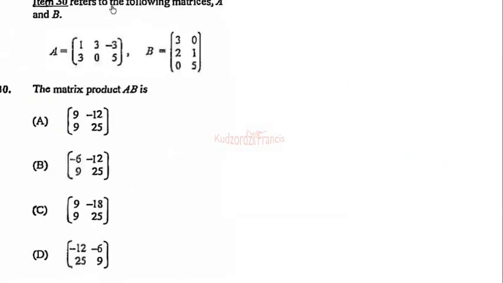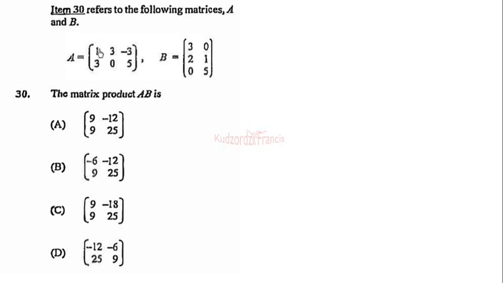Now let's proceed to item 30. So we have this. We are going to multiply the row by the column. So watch how we do that. Corresponding entries will multiply, then we add. So the product AB will be equal to 1 times 3 plus 3 times 2, then plus negative 3 times 0.